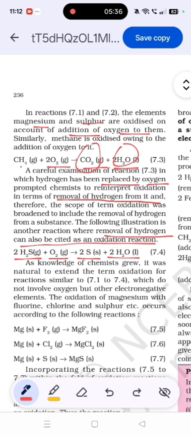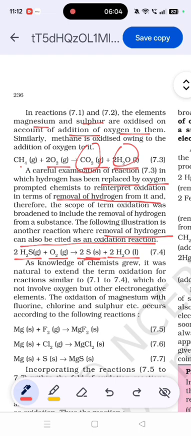It is oxidized because, even though oxygen is not added here, this H2S has changed to S. So removal of hydrogen is also an oxidation reaction. Addition of oxygen is also an oxidation reaction. Clear? So oxidation can be defined like that.